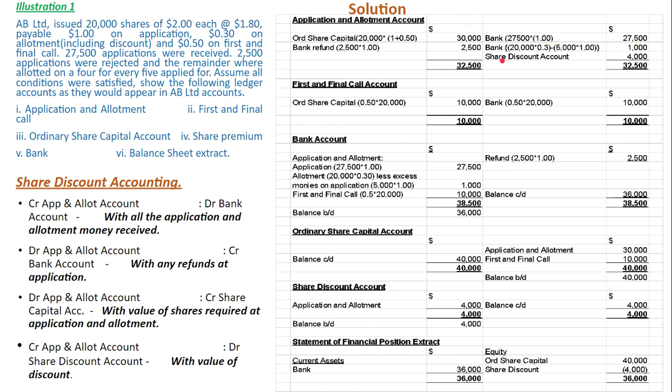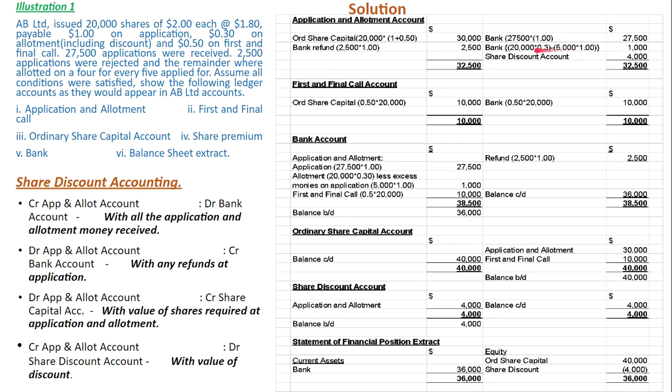We do the same for the allotment monies. We are told that there were 20,000 shares which were issued. 20,000 is what was allotted. So we say 20,000 multiplied by 30 cents, which was received on allotment. We take care of the excess that was received on application. 5,000 multiplied by $1. If we say 20,000 times 30 cents less 5,000 times $1, we get $1,000.